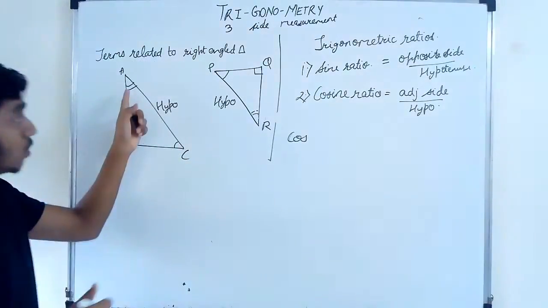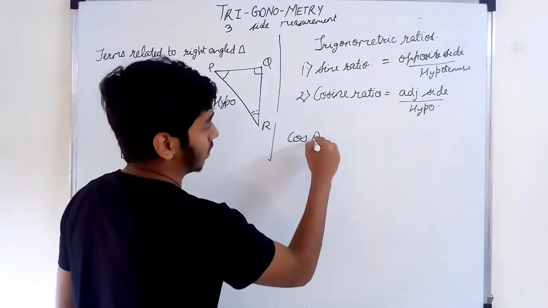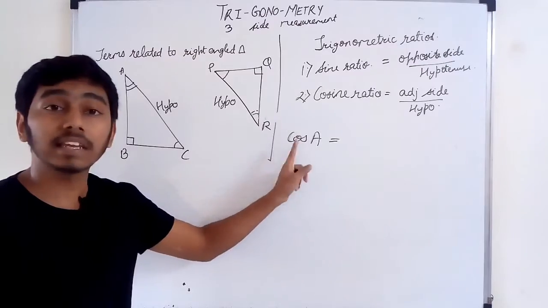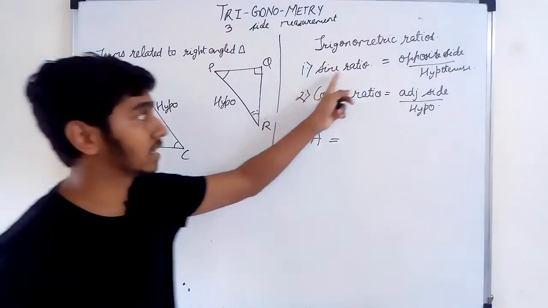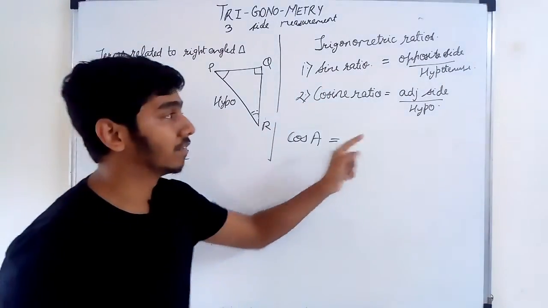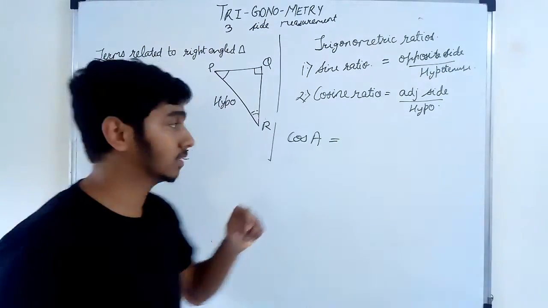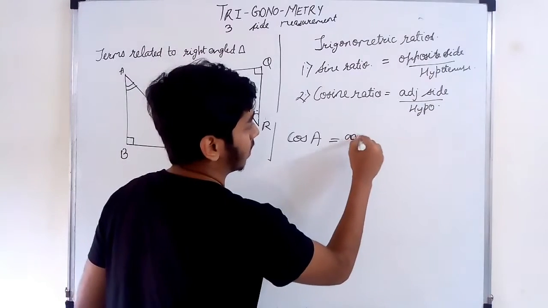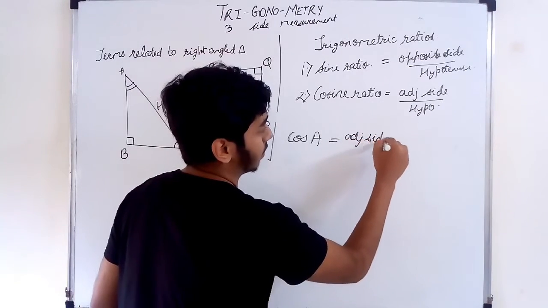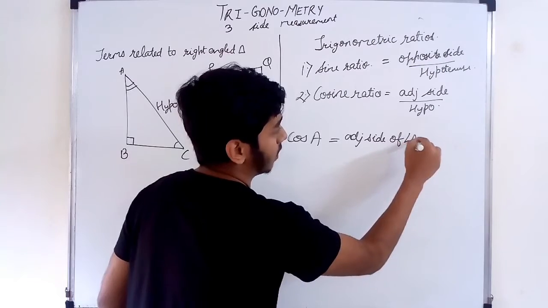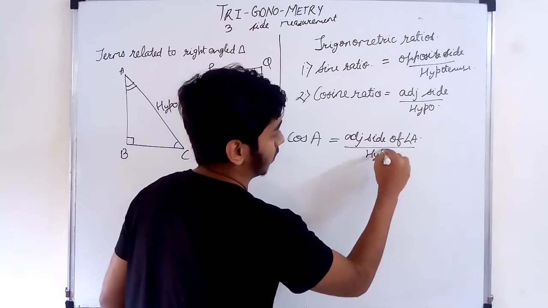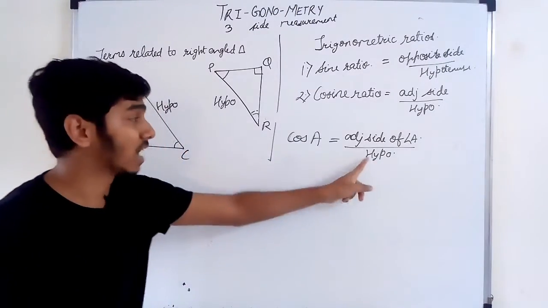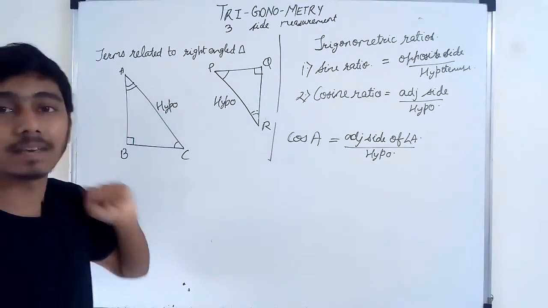So if I want to find cosine of A, it will be again cosine of any angle. Just like sine of any angle, cos A is, I'll write, the adjacent side of angle A upon hypotenuse. Again, I'm not writing hypotenuse of angle A because the hypotenuse in a triangle remains the same.